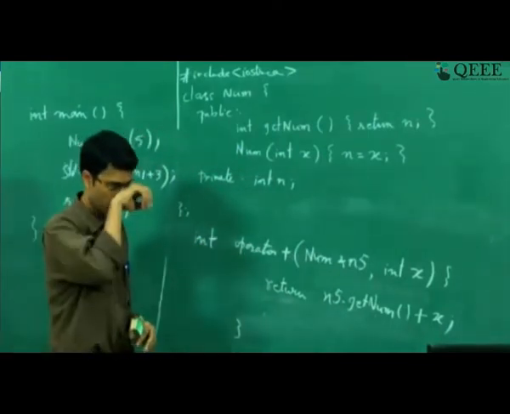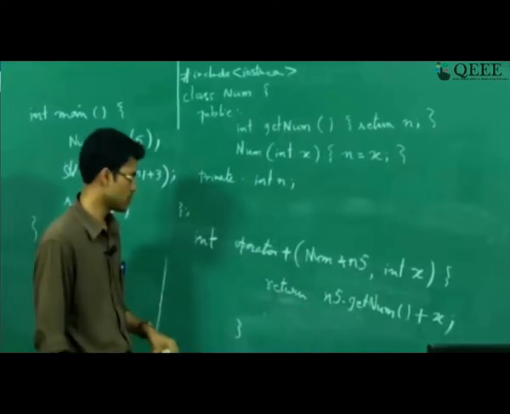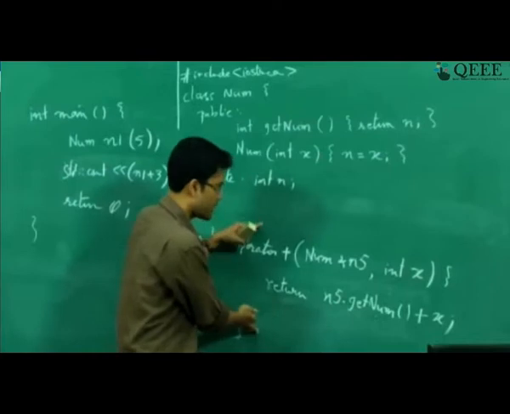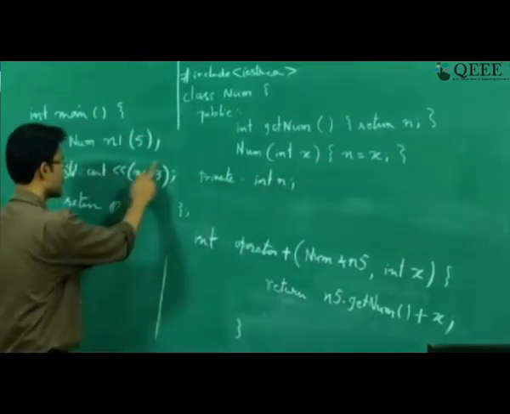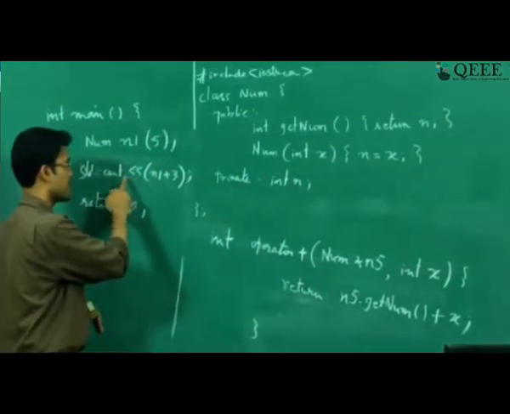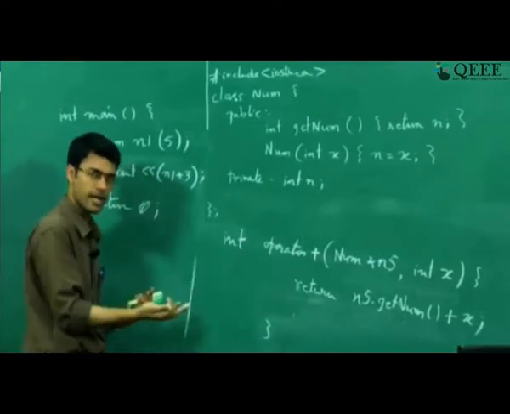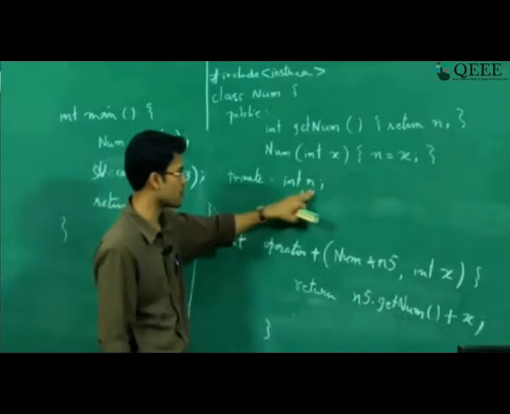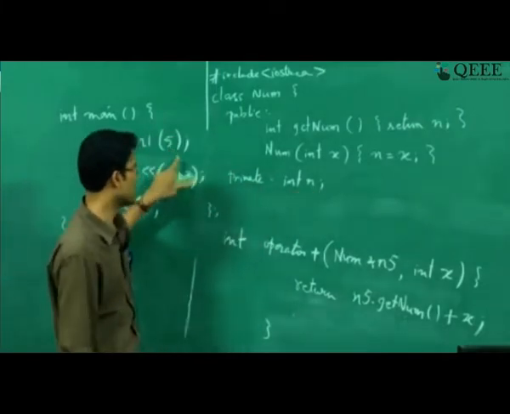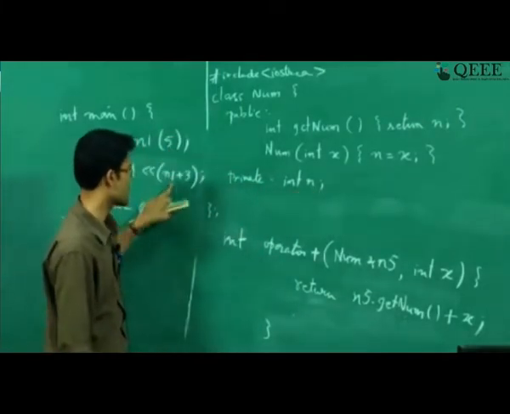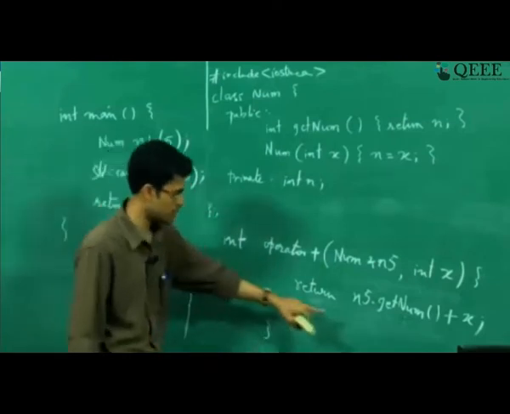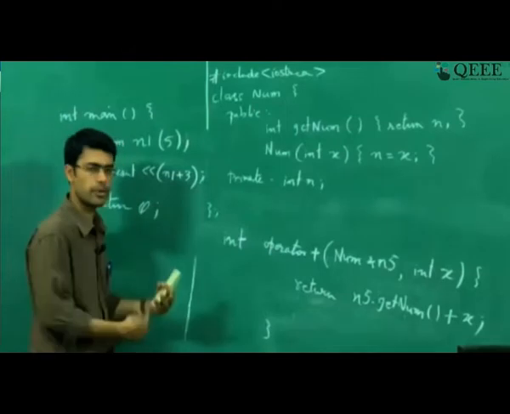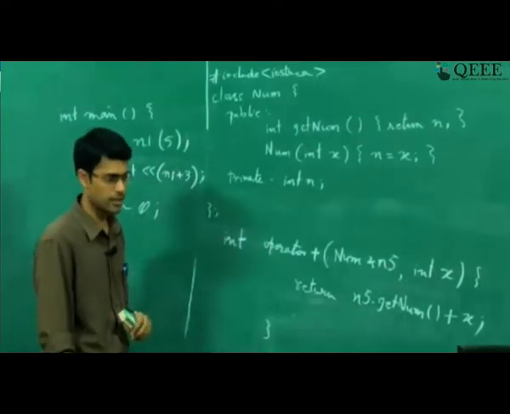So this is what we want to essentially get to, and this whole operator is going to return this integer which is going to be available here, and left shift cout left shift integer is defined, and therefore we are going to see whatever is the value that we have stored. Let's say 5 is stored, so 5 plus 3 is 8, so this 5 plus 3 is 8 is going to get returned, and this should print the value 8. That is what we expect it to do.